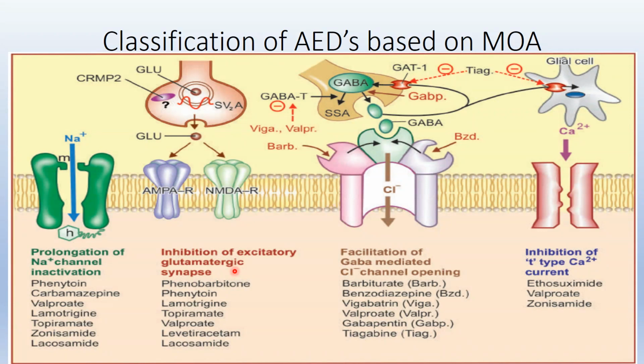The same way, phenytoin and valproate can be grouped under this. Coming to the third mechanism of action, where there is facilitation of GABA mediated chloride channels. Best examples are barbiturates and benzodiazepines. Then inhibition of T type calcium channels. T type stands for thalamic type, which is primarily present in the CNS. Best examples include ethosuximide and valproate.